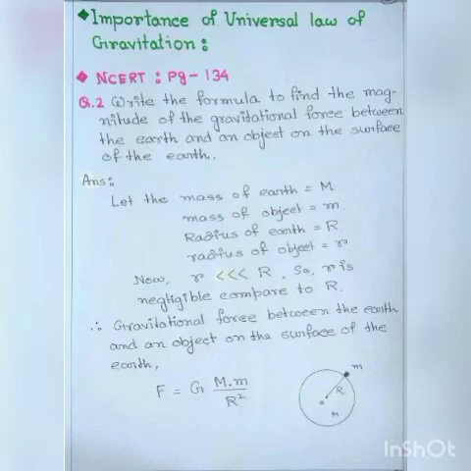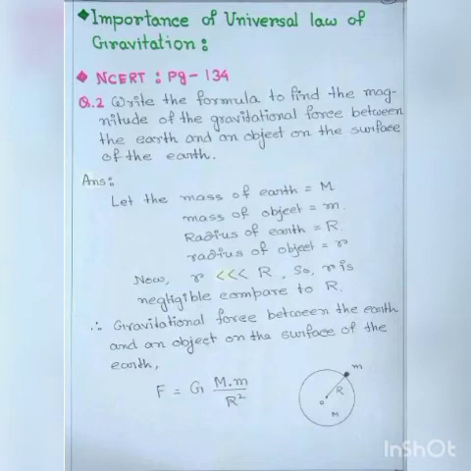Next, we will discuss one problem from your NCERT book, page number 134, question number 2. Write the formula to find the magnitude of the gravitational force between the earth and an object on the surface of the earth.